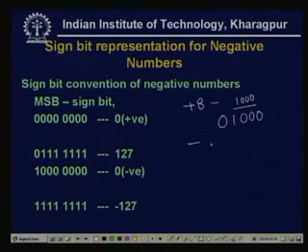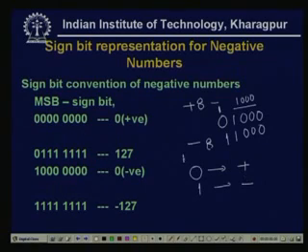If it is minus 8, in this MSB I am taking a 1 and the remaining same. So, the MSB is represented as a sign bit. So, 0 for plus, 1 for minus. Normally this is the convention for the sign bit, and this is the sign bit convention for negative numbers.